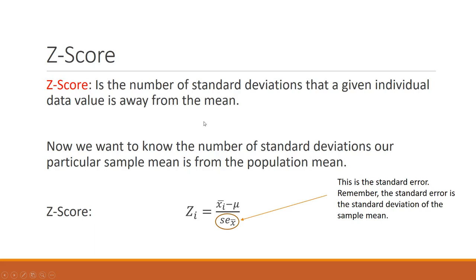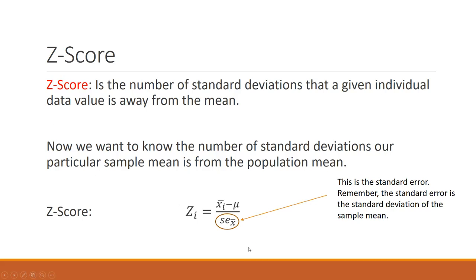We want to use a z-score to know how far away our sample mean is from the mean of the sampling distribution of the mean. That's what we want to know.